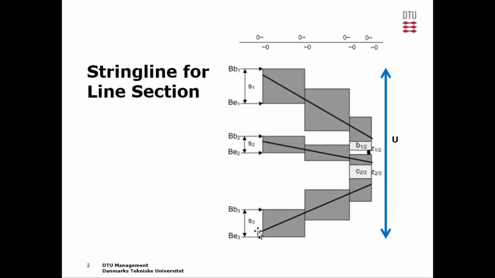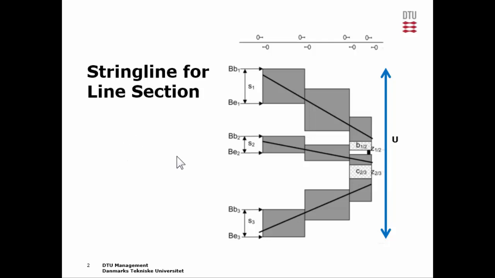So this train is actually going from right to left, and it is going down this way in the time scale on the other direction of the track. So this is the way the timetable looks as we've graphically drawn it.